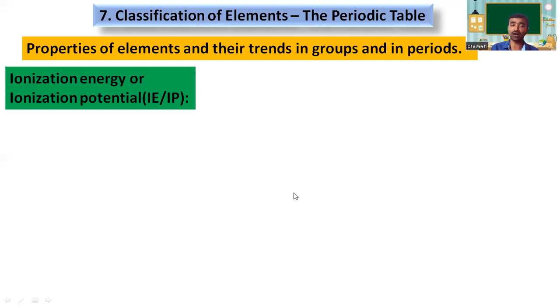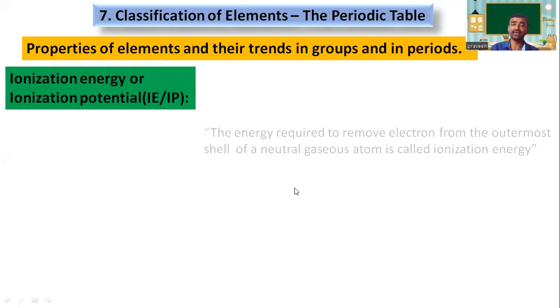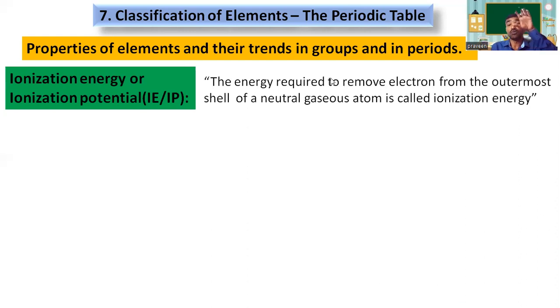Ionization energy or ionization potential is defined as the energy required to remove the electron from its valence shell. For example, in the last discussion, I said I am removing the electron from the sodium atom. To remove that electron, do you need any energy?